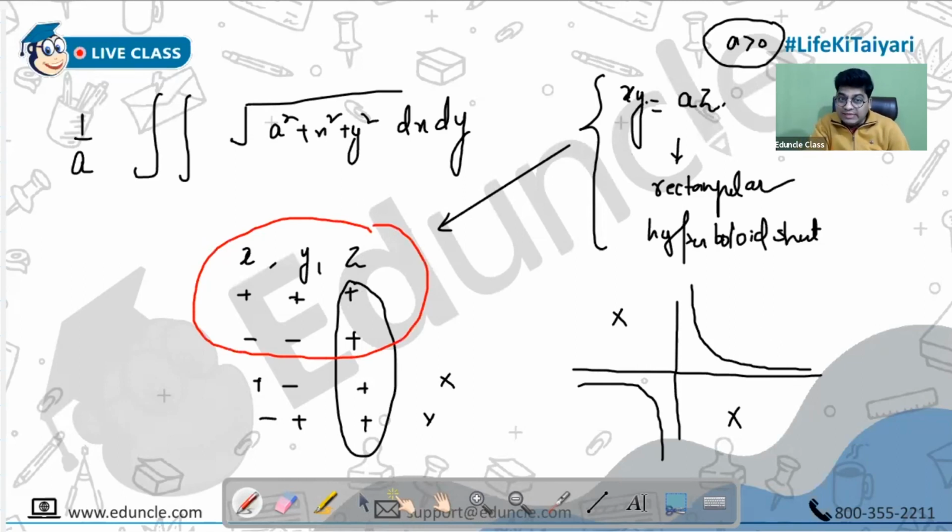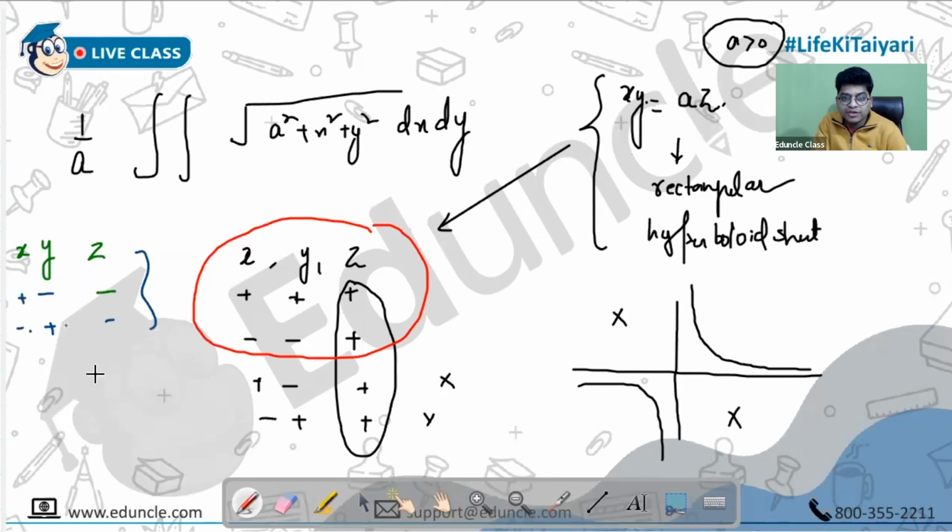Is this rectangular hyperboloid sheet there in z negative also? Can you explain to me? Yes. The rectangular hyperboloid sheet lies in z negative. Yes, we can try. If you take z negative, then what do you have to do? One positive, one negative. A negative, a positive.